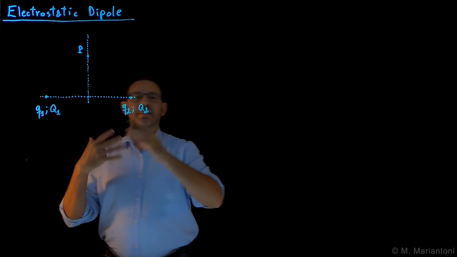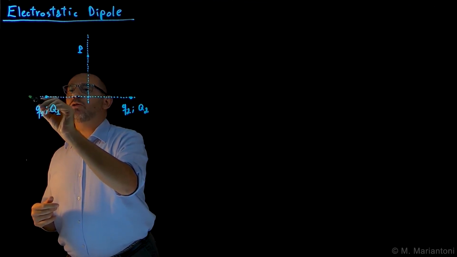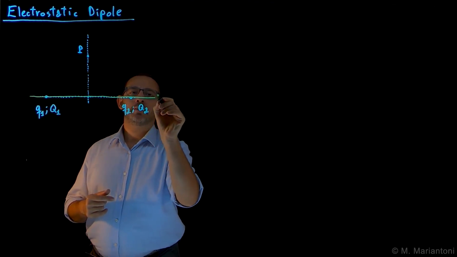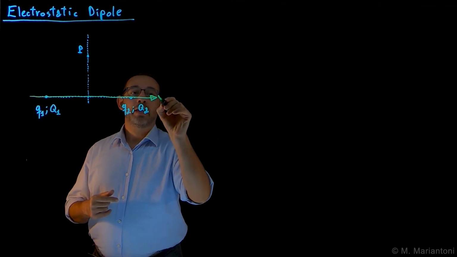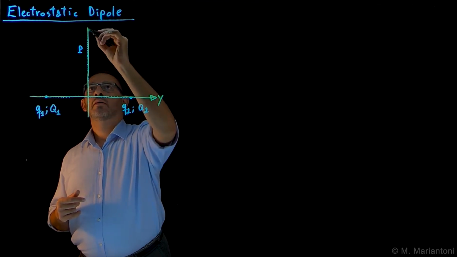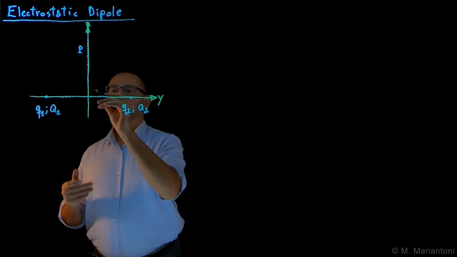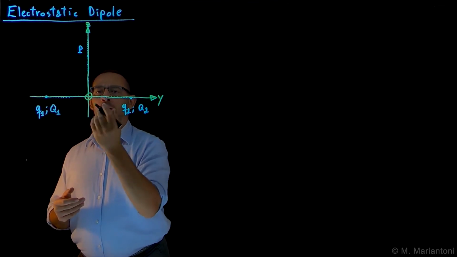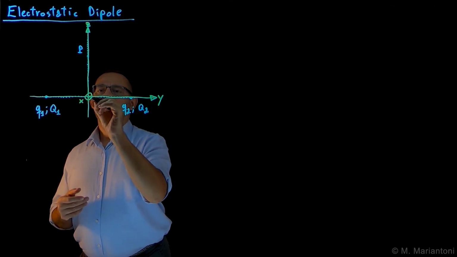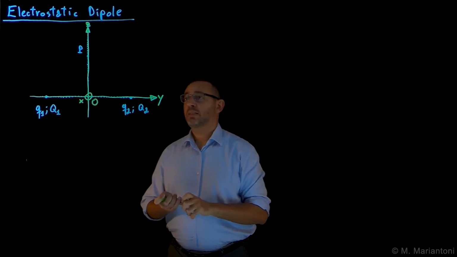Since this is a 3-dimensional problem, allow me to use only 2 of the 3 coordinates, where this one we call y, and this one we call z. And for the right-hand rule, x would be exiting toward you from the board, so this would be x. And this point coincides with the origin O, which I set for this Cartesian coordinate system.